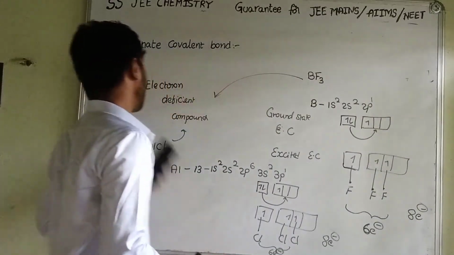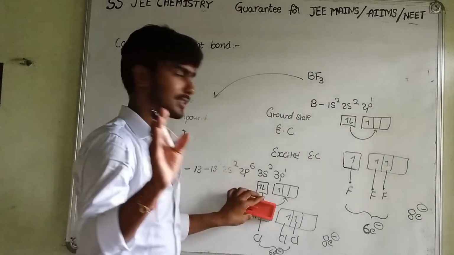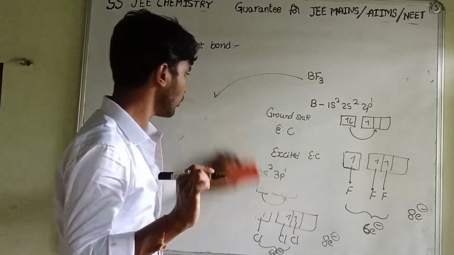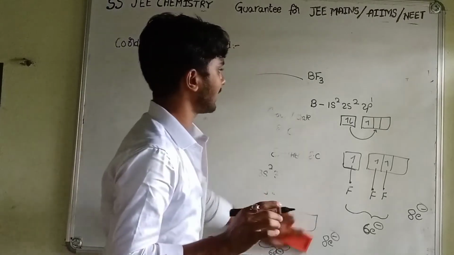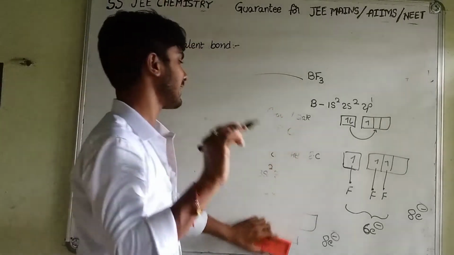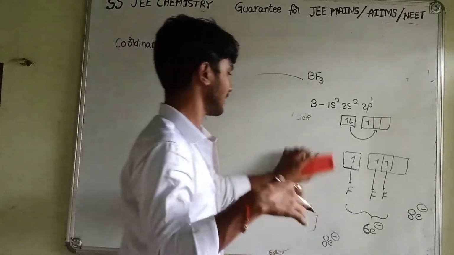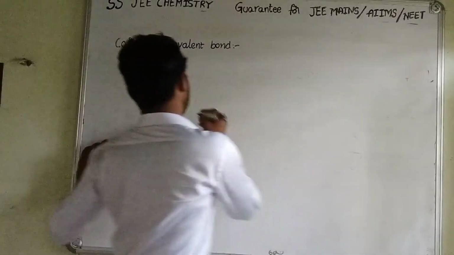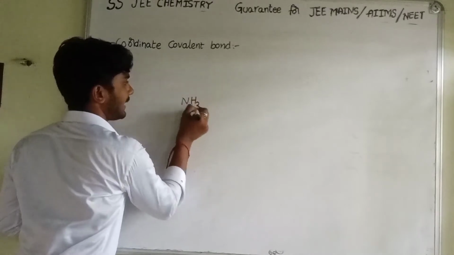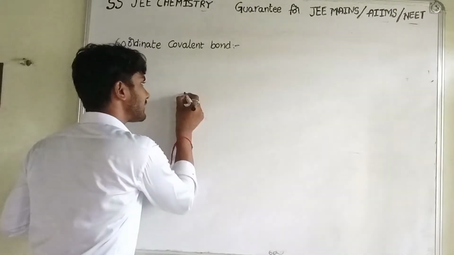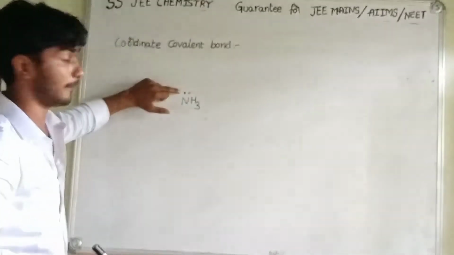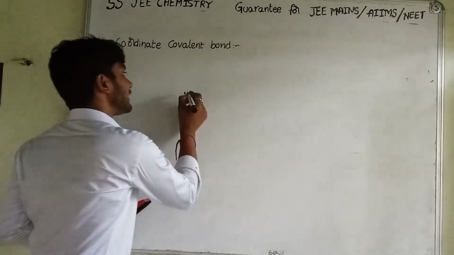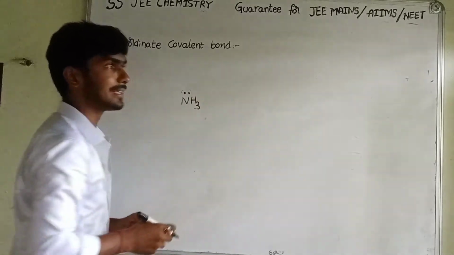Electron rich compound you can easily understand. If any lone pair is there, and not only a lone pair but also a negative charge, then it is ready to donate electrons. If you consider NH3, the nitrogen atom in NH3 has one lone pair, and this lone pair is ready to share.